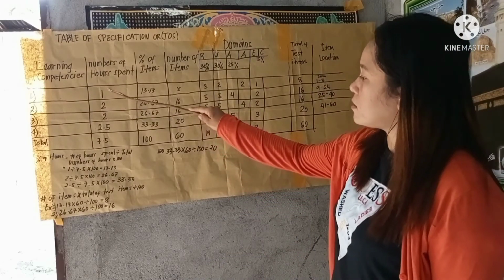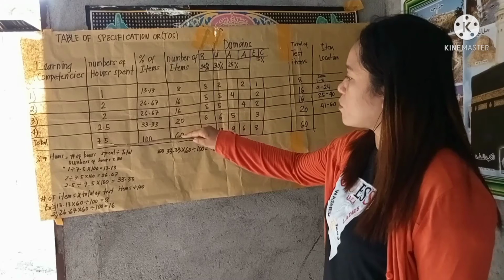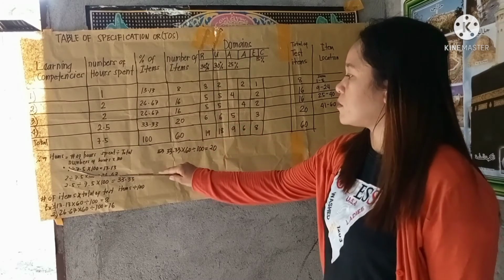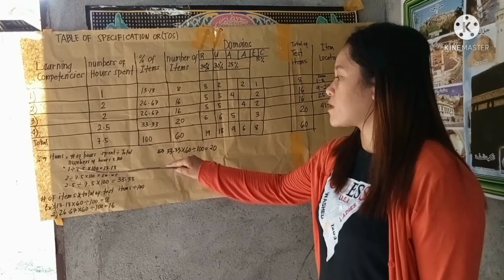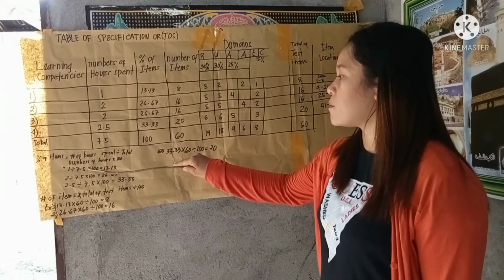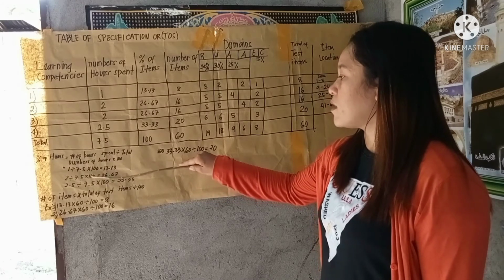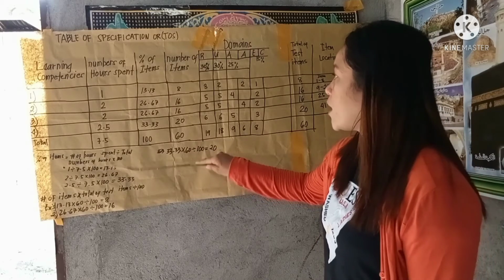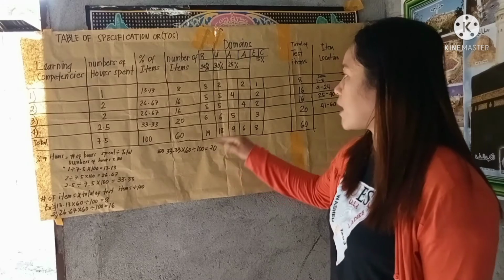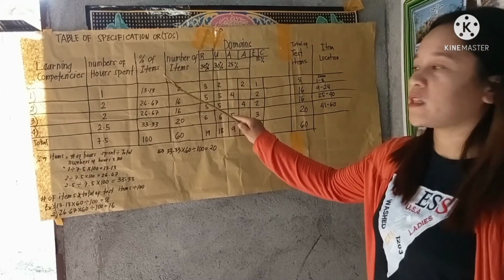Here, we divide by 7.5. So, 1 divided by 7.5 times 100 equals 13.33. So, we got the percent of items. Let us put it here, 13.33.